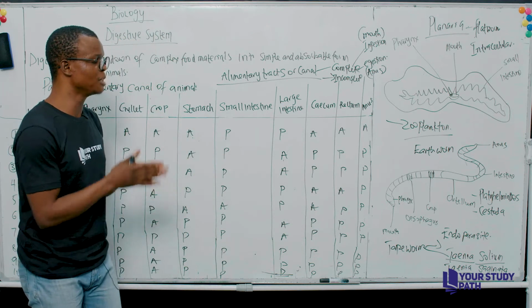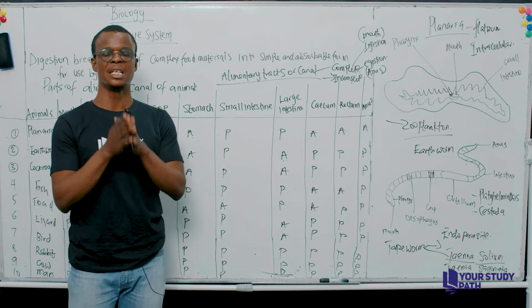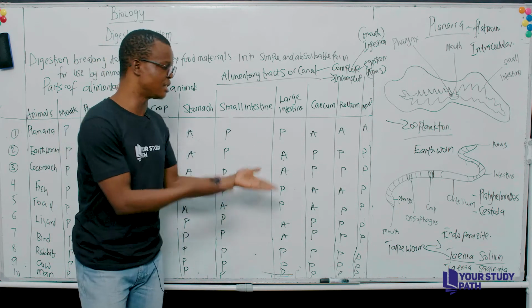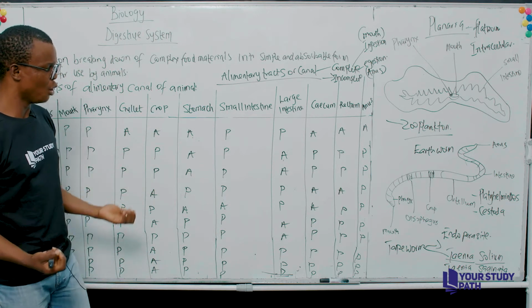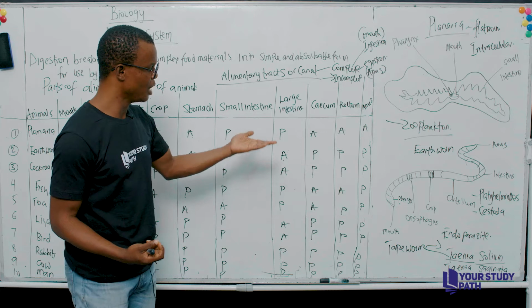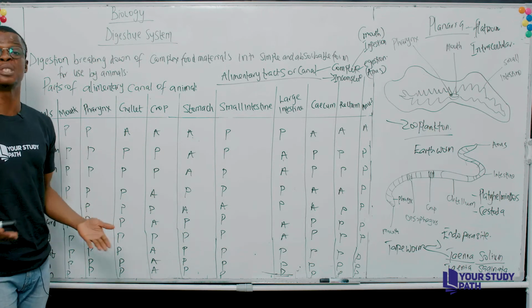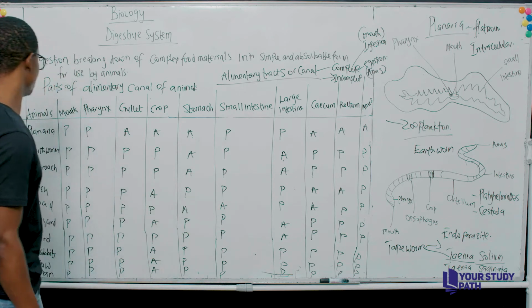Taenia solium is found in the body of pigs, and Taenia saginata is found in the body of beef, like cow. That's literally where it is found. So on that note, we are done with the tapeworm, and we've explained the two species of tapeworm that we have, which is Taenia solium and Taenia saginata.